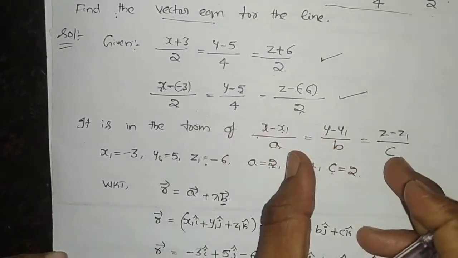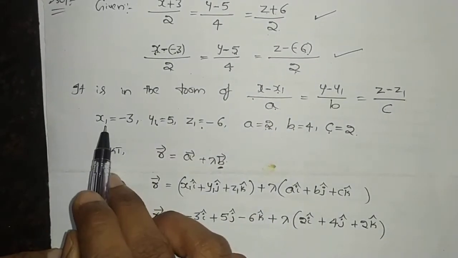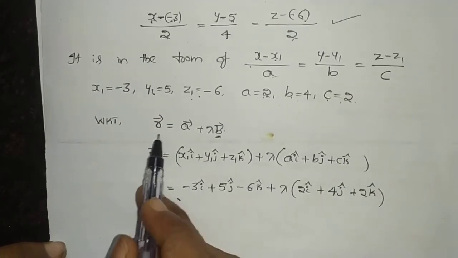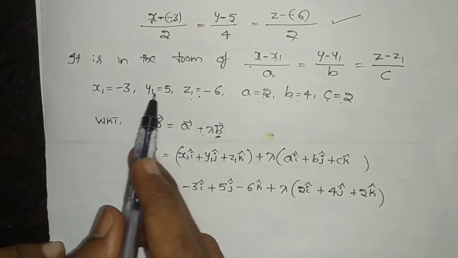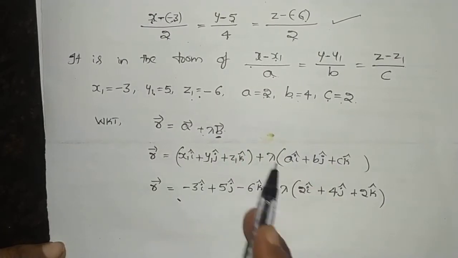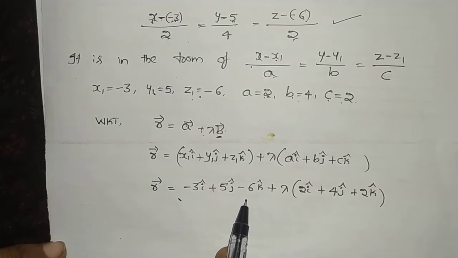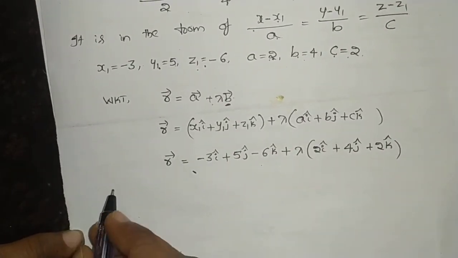I compared this equation with the standard one. Next I identified x1, y1, z1, a, b and c. Then I substituted these values in the vector equation. After simplification we get the required vector equation. Hence it is the third one.